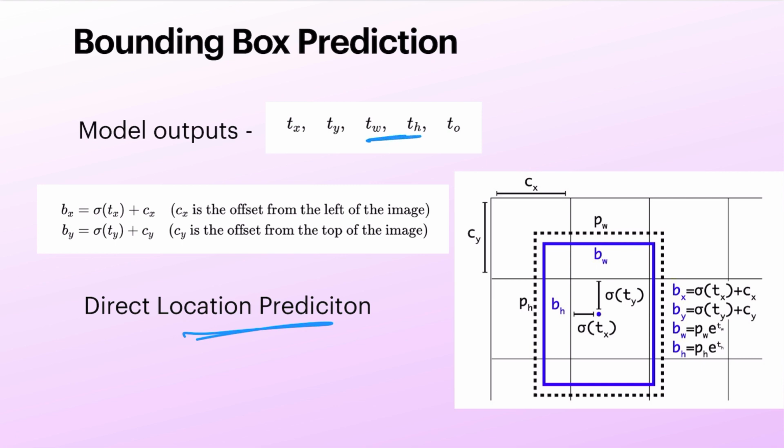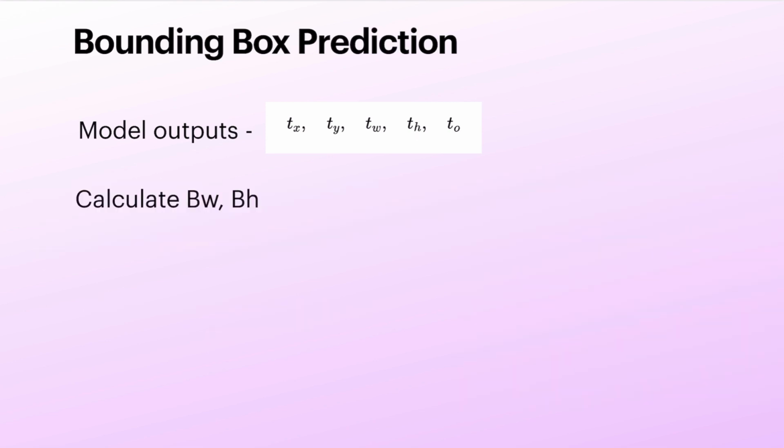Whereas width and height, W and H, the bounding box width and height, depend on anchor boxes. So if you want to calculate W and H, I need to make use of tw and th. Now these also range from -infinity to +infinity. And for these values, my output should be only positive. So for width and height, I cannot restrict between 0 and 1 because the values can go beyond the grid level.